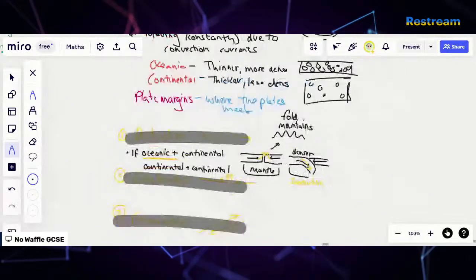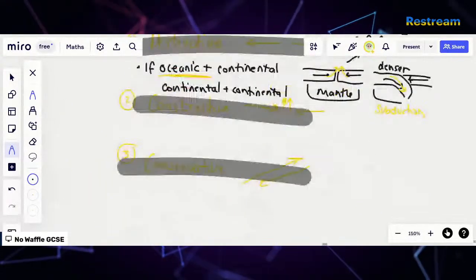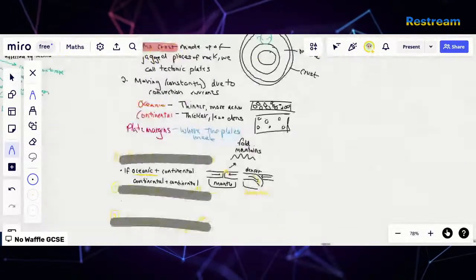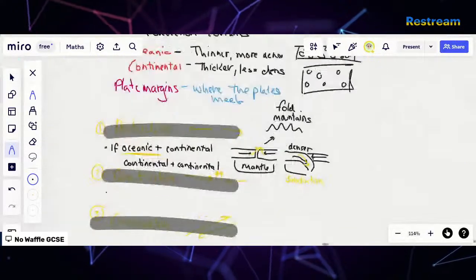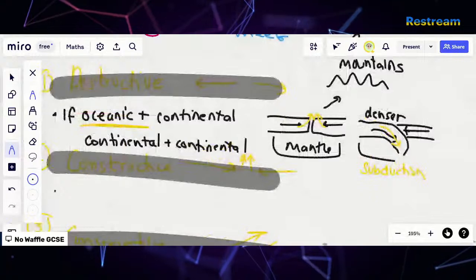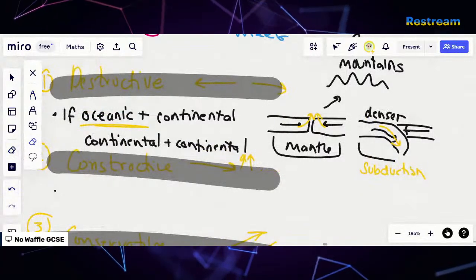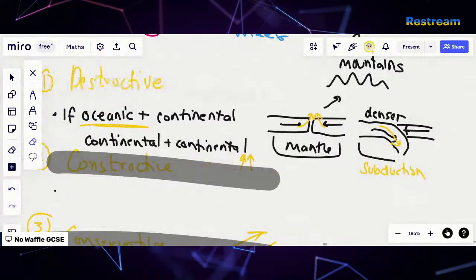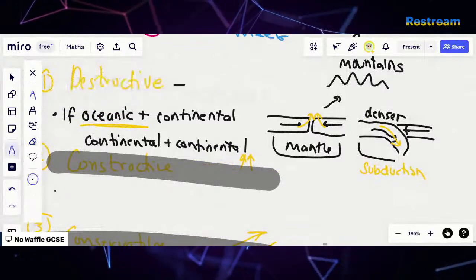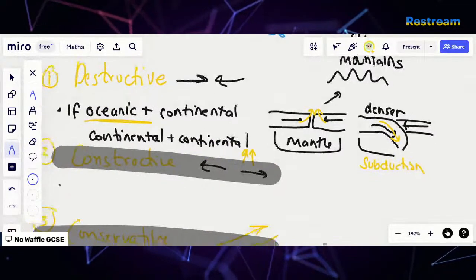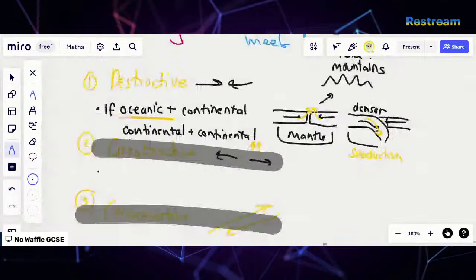Now, constructive is when there are two plates moving away from each other. Sorry, I got the arrows messed up. And because they are moving away from each other, they construct a volcano in the middle of it.